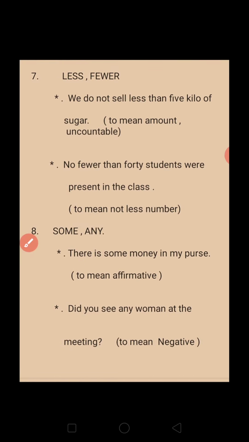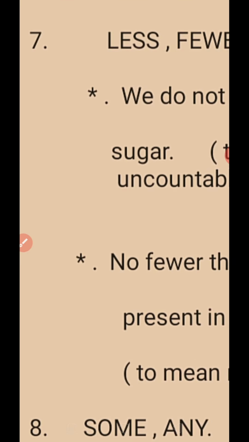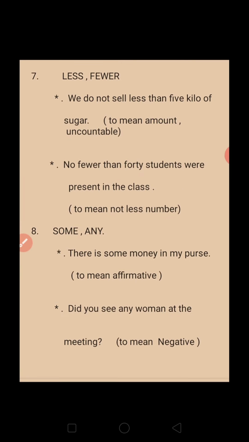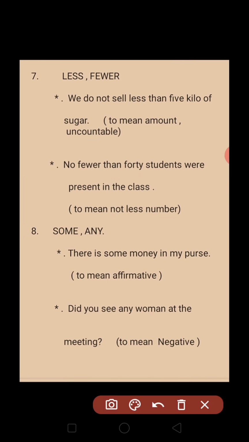Next, see less and fewer. Here, we do not sell less than 5 kilos of sugar. So here not less than 5 kilos means an amount, uncountable things.